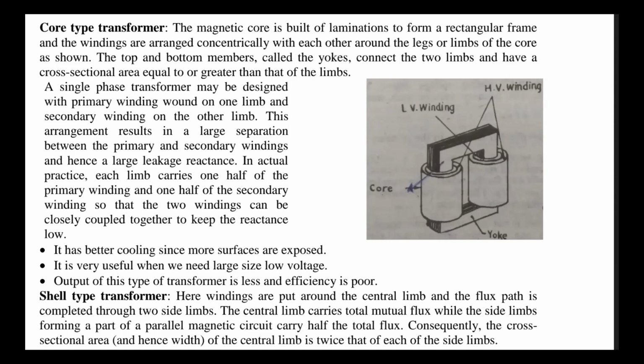These are made up of thin sheets, and they are not a one piece structure. They are of different pieces and different shapes, and they are bolted and laminated to reduce the eddy currents. So this is the similarity. The top portion and the bottom portion are known as yoke, and side portions are known as limbs.